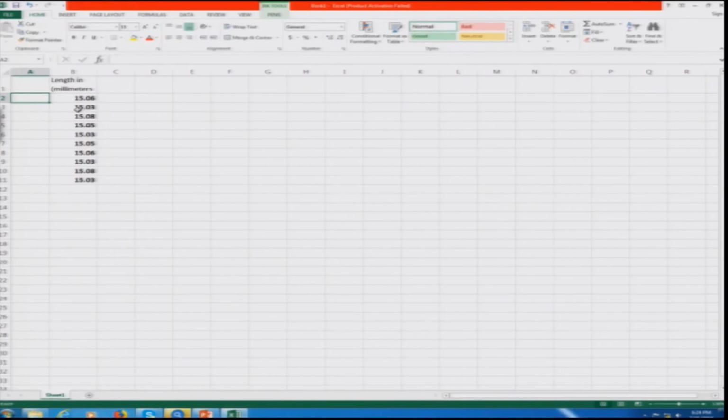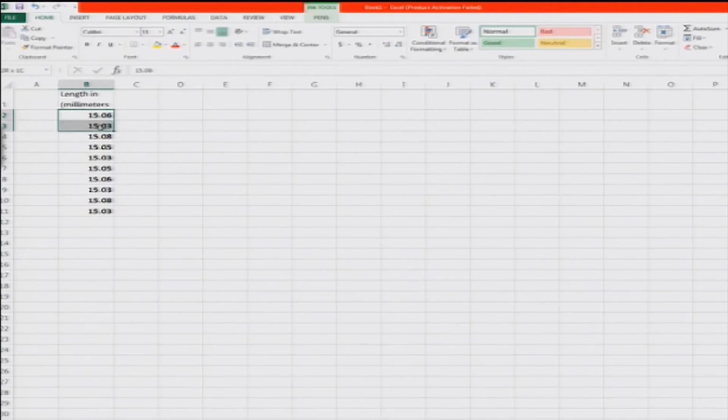I have put the data in the Excel sheet here. This is length in millimeters, the data that was given. First of all, I will put numbers here, 1, 2. If I select a single cell, a green box appears here.